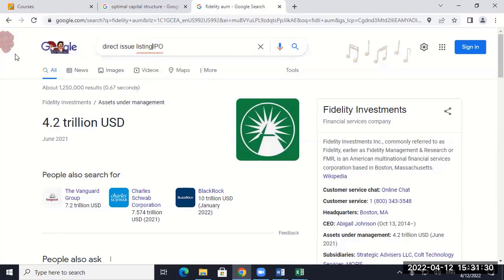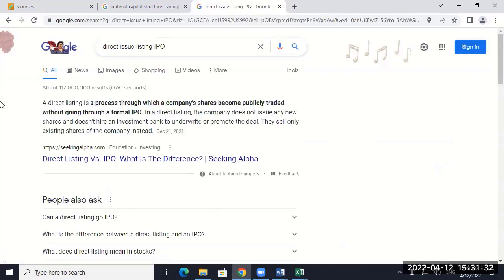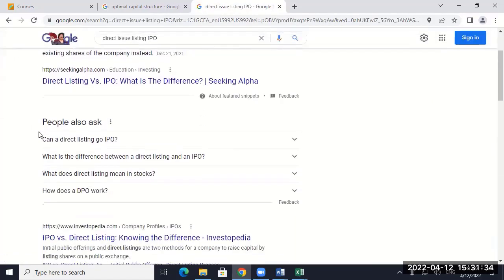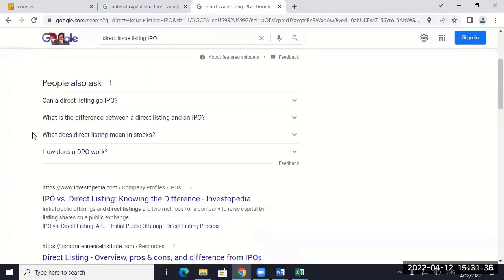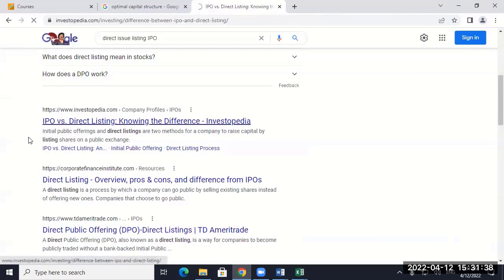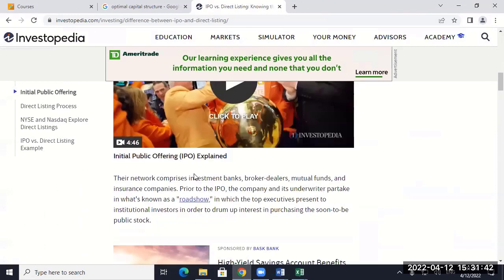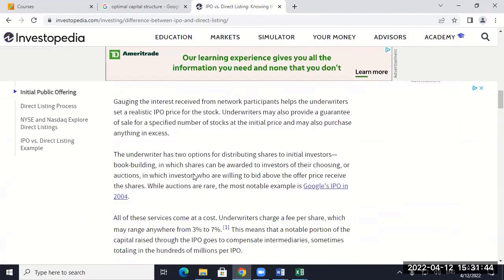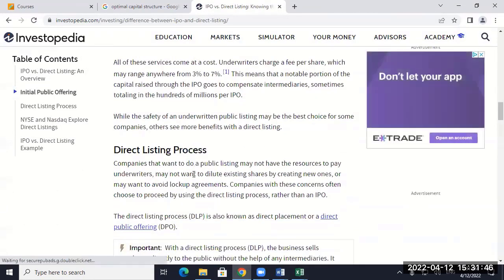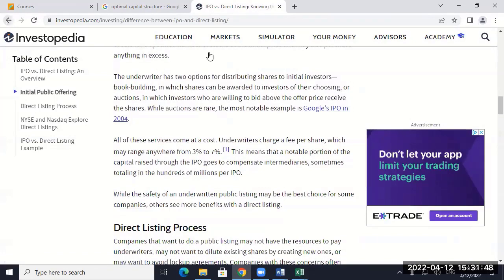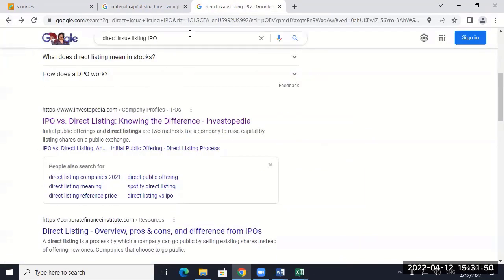Who was the famous one that did that? I always forget. Was it Spotify? I think it was Spotify that did that first. We'll see. I get them all mixed up. It starts with an S, but I get them mixed up.